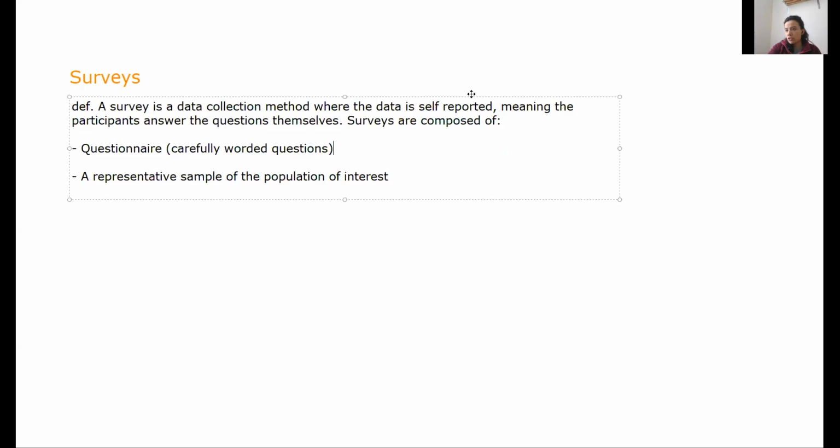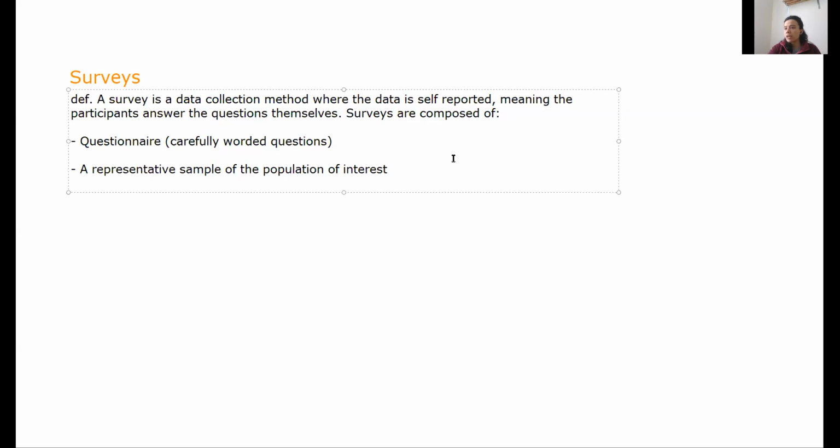All right, so this is what a survey is. This is how it's composed. So you need to have a questionnaire in which the questions have to be really well thought about, and a representative sample of the population of interest. We'll talk a little bit about samples and populations in just a second.